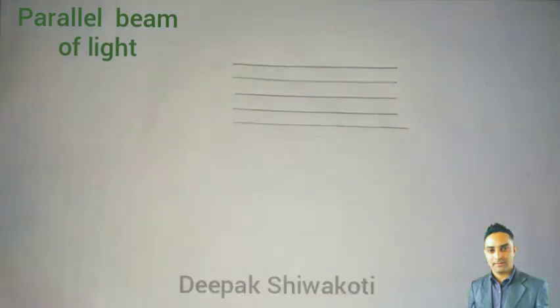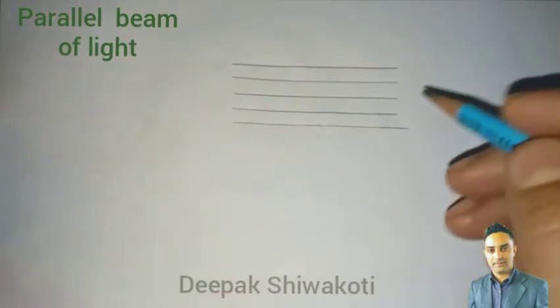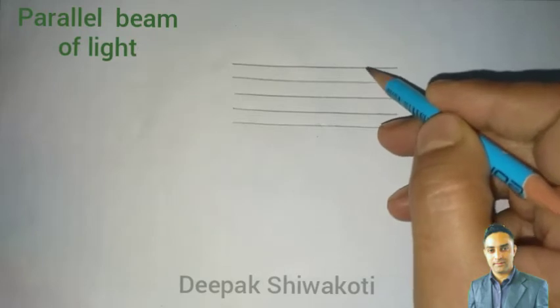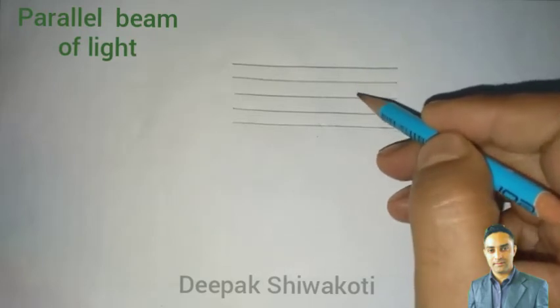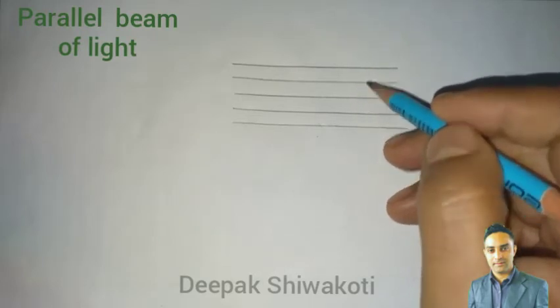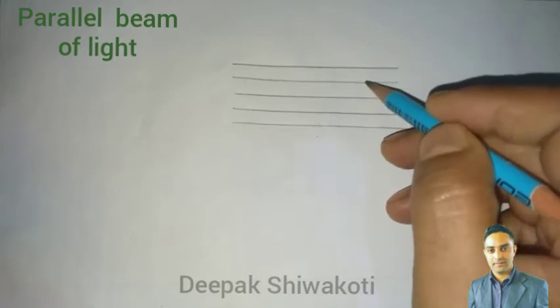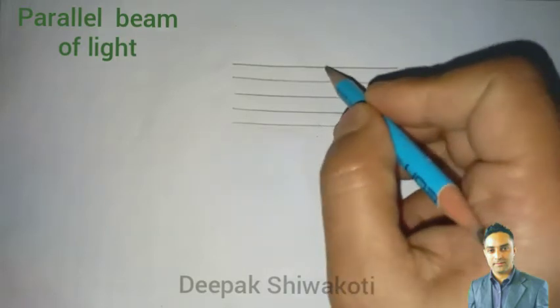So these are the lines. Here you can see the distance between the lines is equal, okay? So you have to maintain the distance between the lines here and give the arrows.